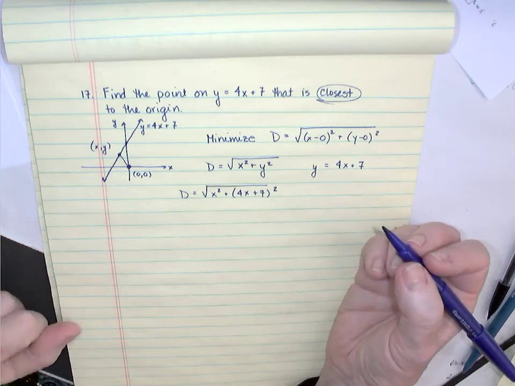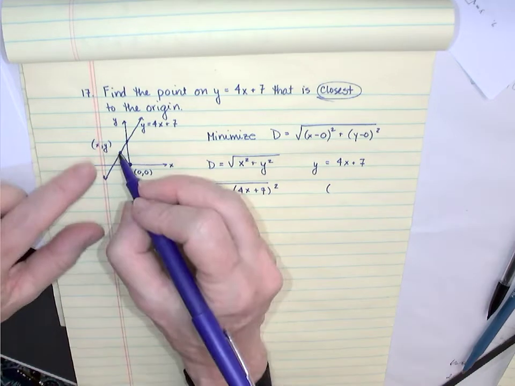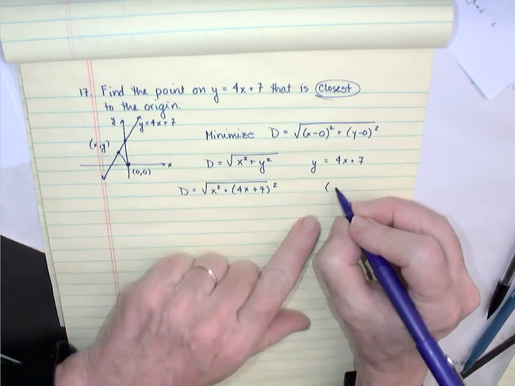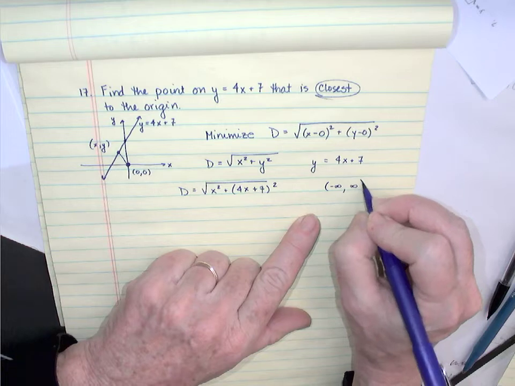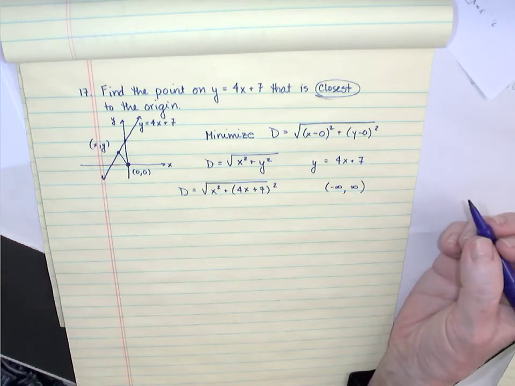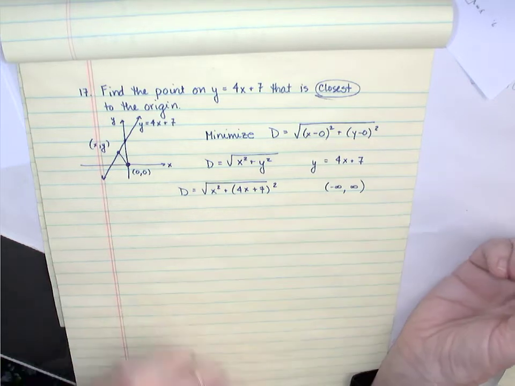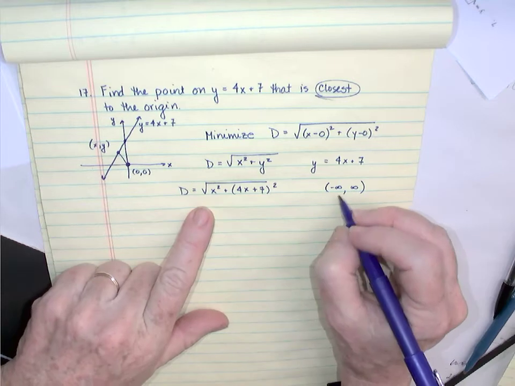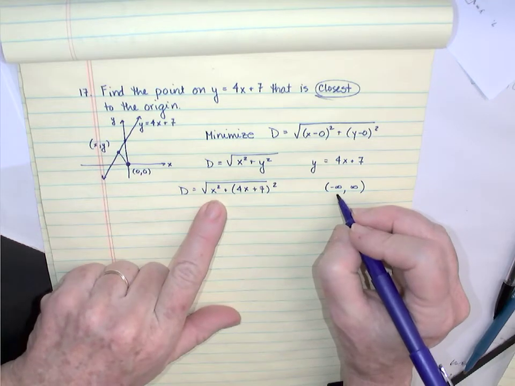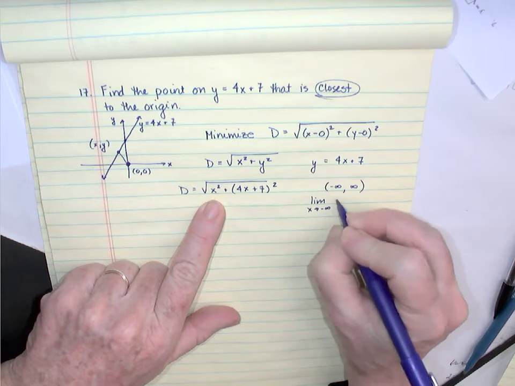It also behooves us to look at the domain. Where could x be? Well, this is a line, so x could be anything from negative infinity to infinity. Before we dig in, it might be helpful to look at what's going on at the endpoints. I can't plug in negative infinity, but you can take the limit as x approaches negative infinity.